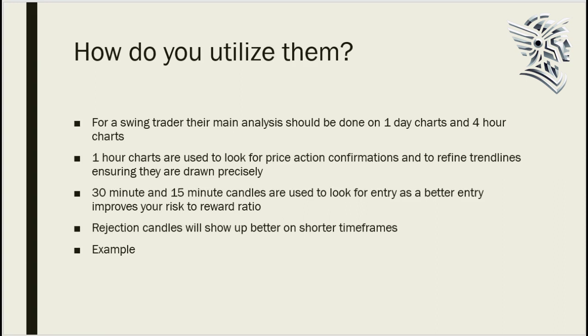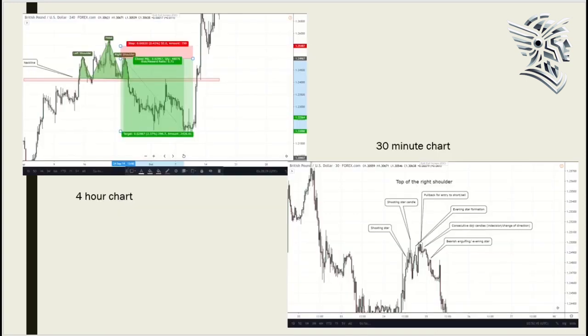For example, here is a 30-minute chart and here is a 4 hour chart. These are the exact same chart, Great British Pound US dollar, and this is just the top of the right shoulder. So this is just this area here. It all looks nice here, all looks clean.